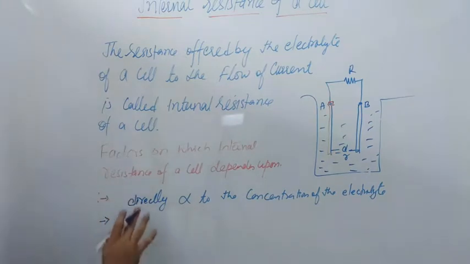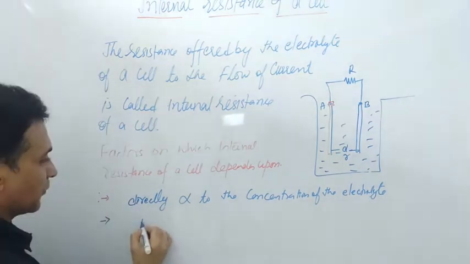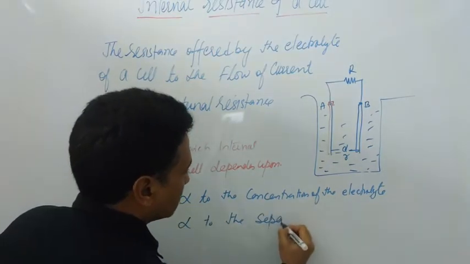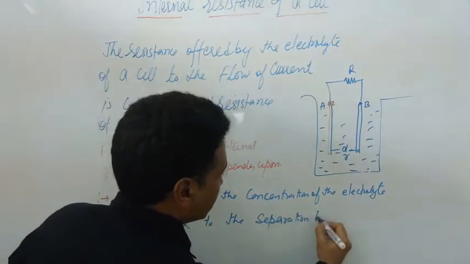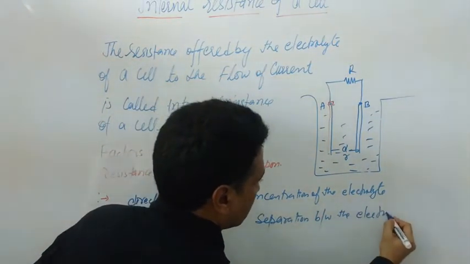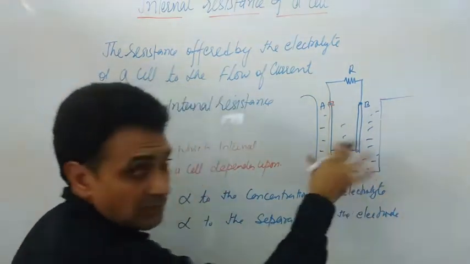And second one is it is directly proportional to the separation between the electrodes, कि आपस में ये जो इलेक्ट्रोड हैं इनके बीच की कितनी डिस्टेंस है.